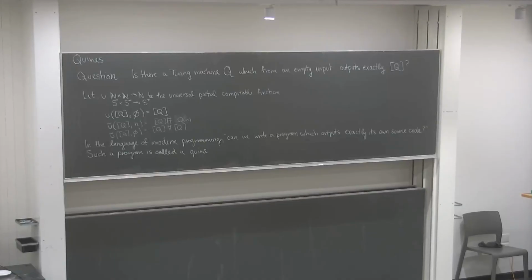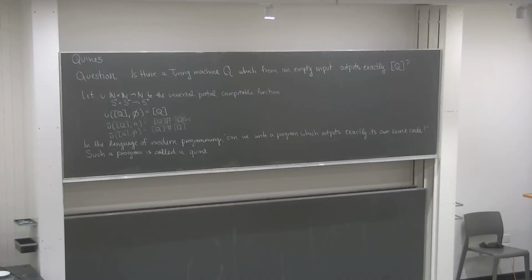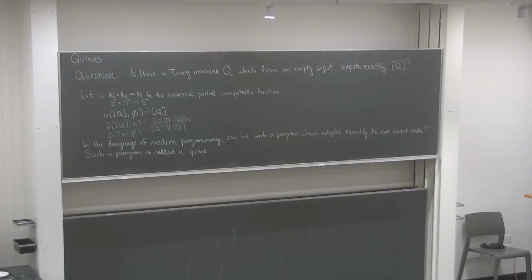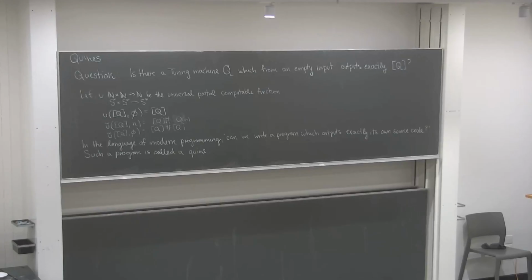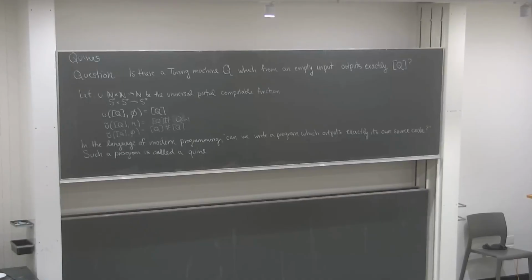So hopefully, let's see how this relates to our problem of creating a self-referencing blueprint. Let U be the universal partial computable function, or maybe we can see it now for our purposes as a function which operates on sequences.